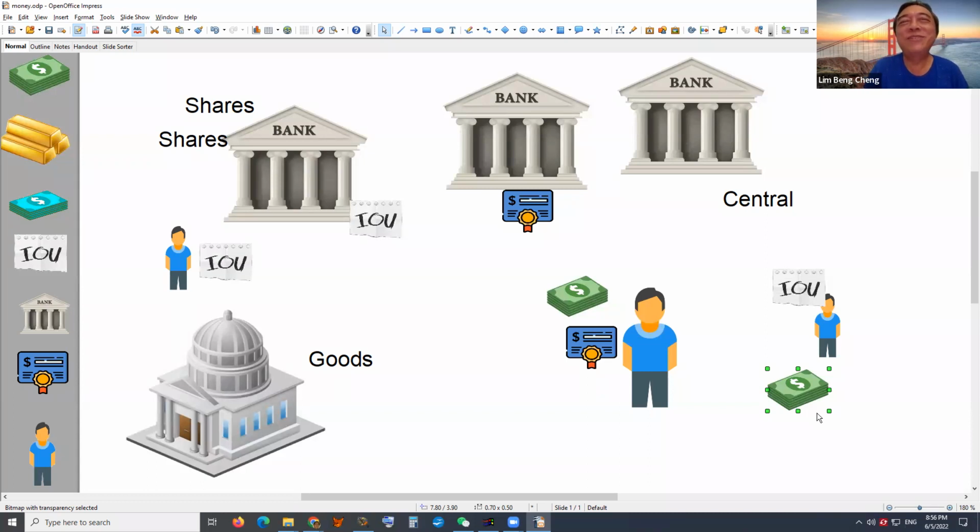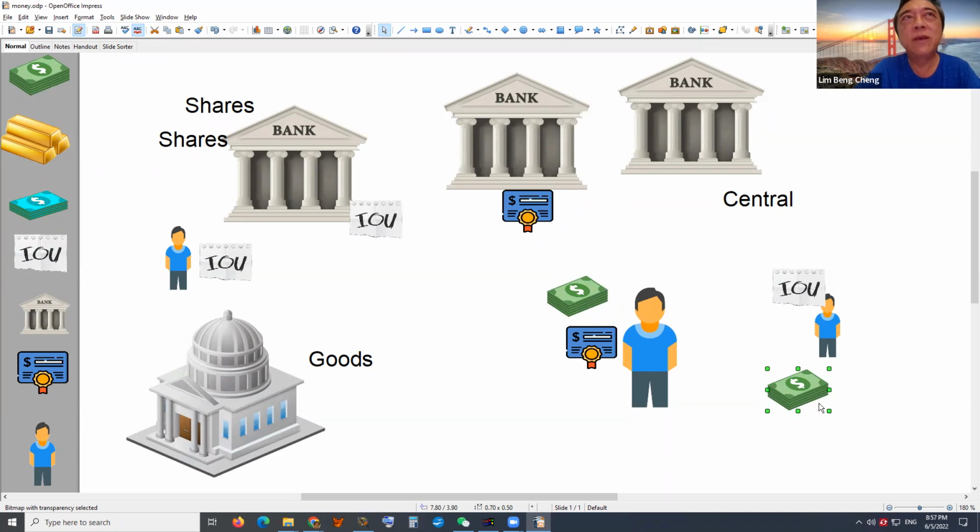So you notice that this money is trying to go back to the bank. There's this pressure on the bank to get rid of this money so that they can earn interest or whatever.